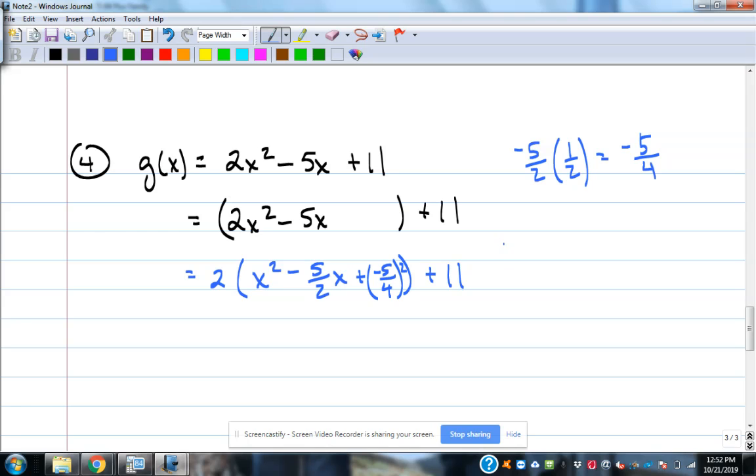On the outside, I'm going to subtract 2 times negative 5 over 4 squared. Remember that 2 comes from the 2 that we pulled out here. Then 2 parentheses x minus 5 over 4 squared. And then we've got to work that out.